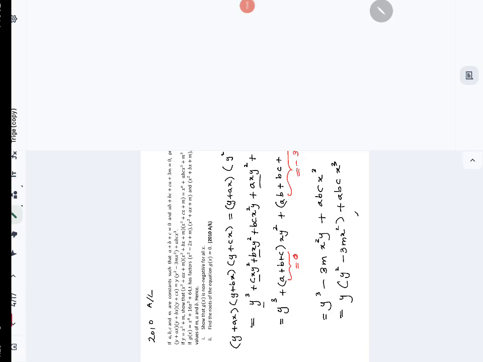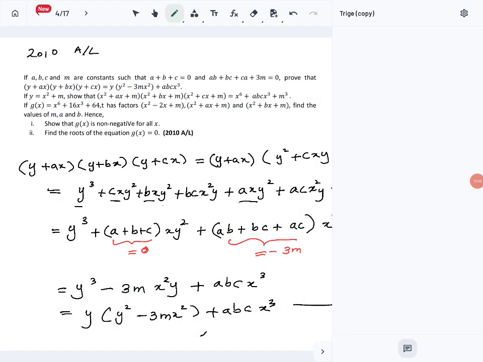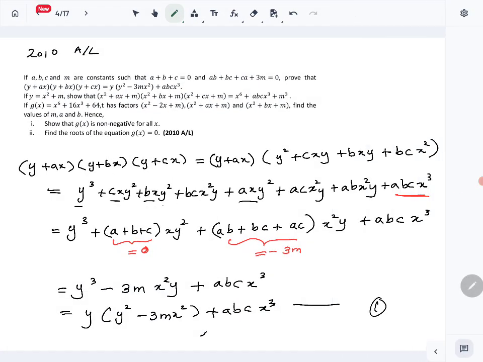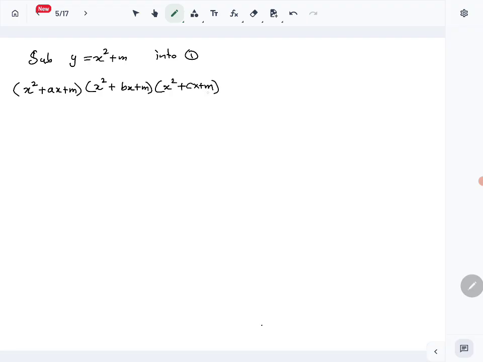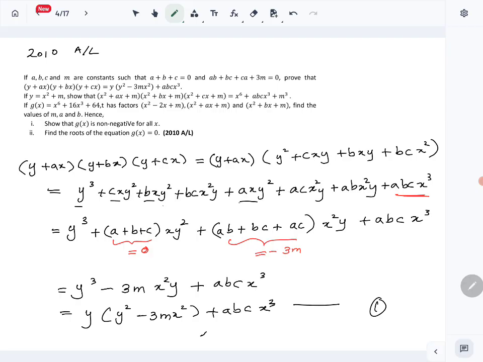Now substitute y equals x squared plus m into 1 on both sides. So you will get what? x squared plus ax plus m, x squared plus bx plus m, x squared plus cx plus m on the left hand side.